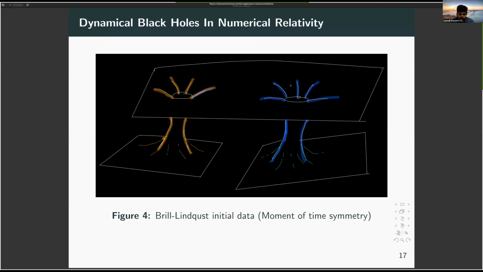Okay, another interesting viewpoint is to look at one of the simplest solutions of two black holes, which, by the way, are the starting points for constructing initial data for binary black hole simulations. These are called the family of Brill-Lindquist initial data. If you look at this solution, the geometry is as follows.